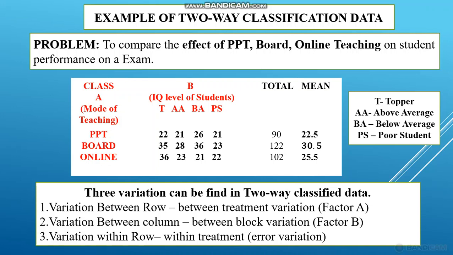So the block will be homogeneous, and we are not comparing the within block variation.